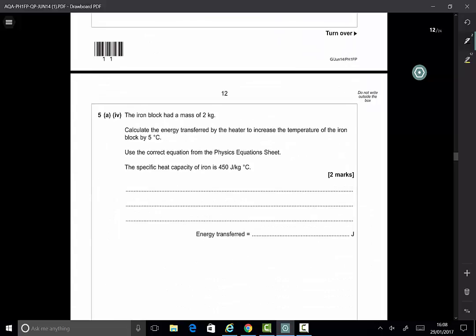Okay, the iron block had a mass of 2 kilograms. Let's get my highlighter out. Calculate the energy transferred by the heater to increase the temperature of the iron block by 5 degrees. The specific heat capacity of iron is 450 joules per kilogram per degree C. Going into A level there. Right, so looking at our equation sheet, we can see that energy is equal to mass times temperature change times specific heat capacity.